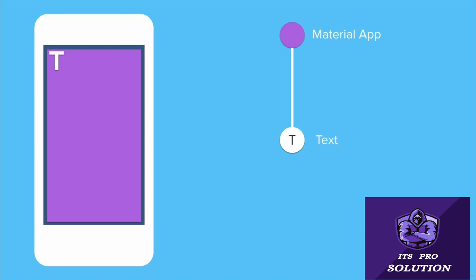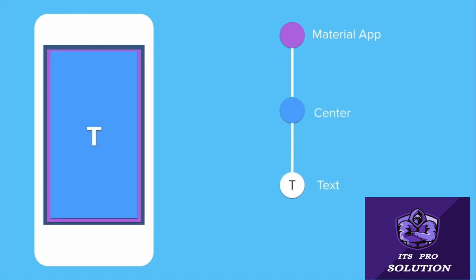Well, as I said, Flutter apps are pretty much entirely built using widgets. And there's of course a widget for centering elements. So if instead of having text as the child of the material app, it was inside a center widget, then it will automatically be put into the center of the screen.